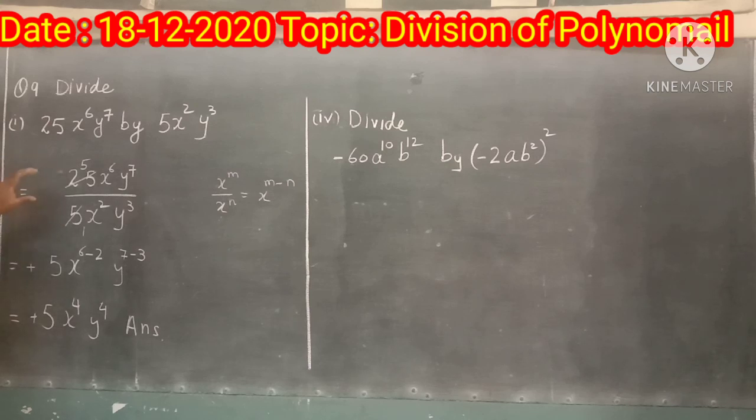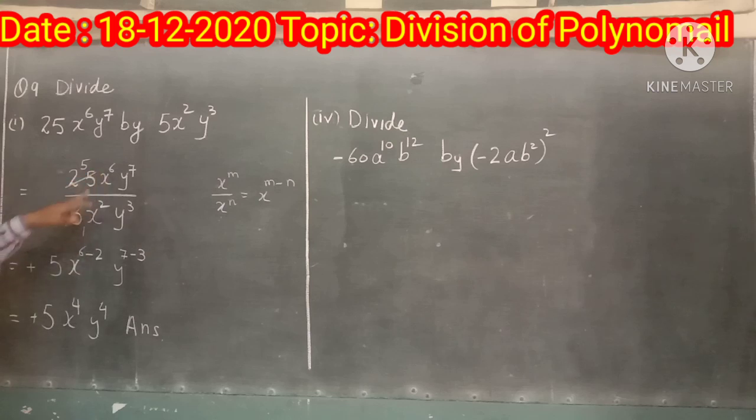Check them. If both have the positive, then we will take the positive sign. After that, divide the coefficients. Its coefficient is 25, its coefficient is 5. We will reduce them. 5 ones are 5, 5 fives are 25. So the answer is 5, we will write here.